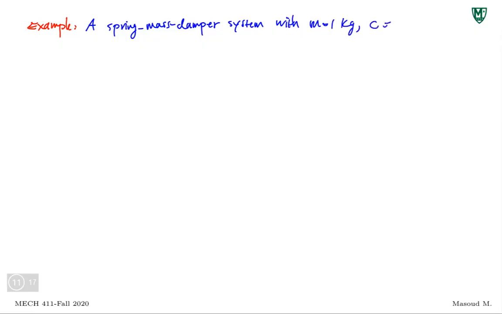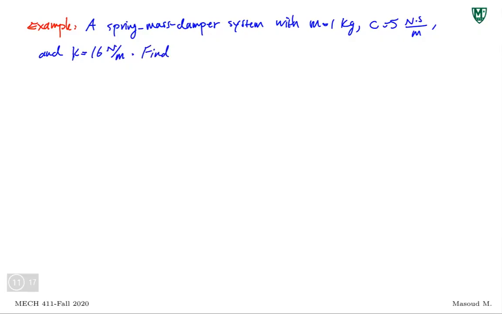Now, a very simple example, I just want to show you where to start when you're dealing with these systems. We have a spring mass damper system with m equal to 1 kilogram, c equal to 5 Newton second per meter, and k, stiffness, is 16 Newton per meter.